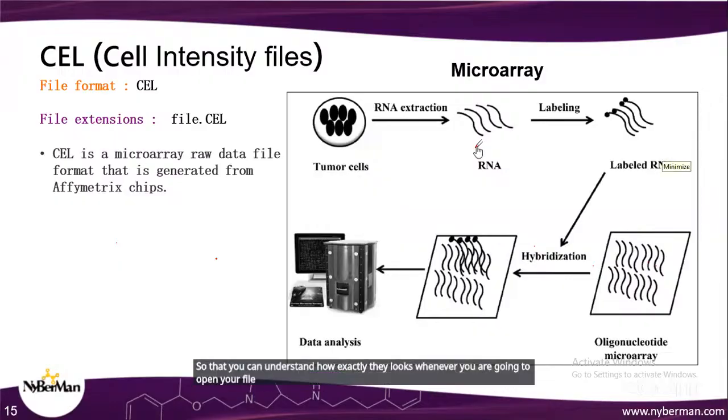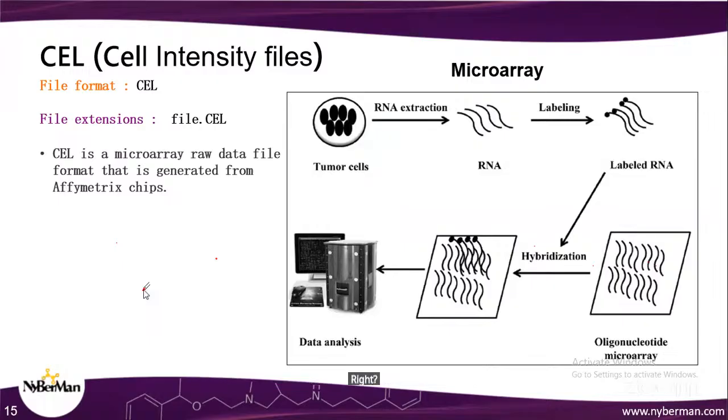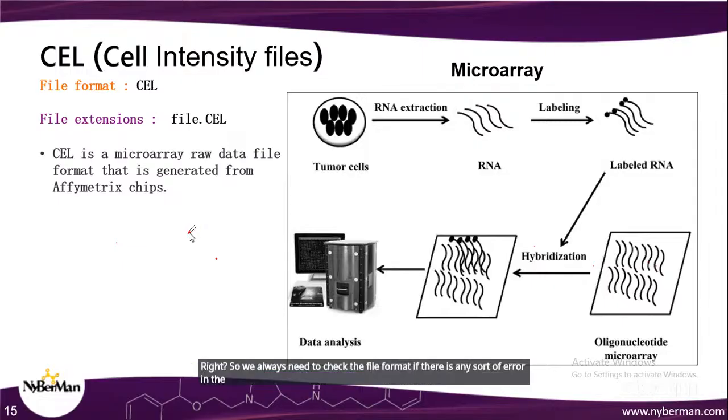Most of the time we don't open the file, but if there is an error or if you want to cross check the file format, then you should open your file and look at the format. Maybe there is some mistake in the format, or a header is missing in your file. That's why your tool is giving an error, right? So we always need to check the file format if there is any sort of error in the output or in the results from the table.